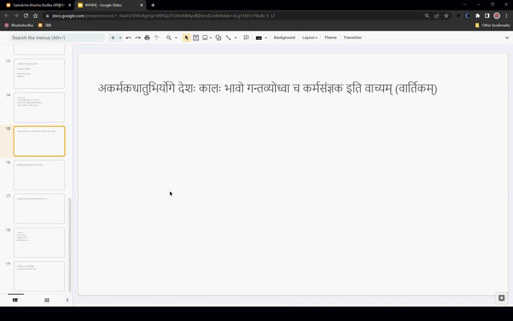Pullinga and Napumsaka lingam. Of course, practice. These are constant. When we do practice, when we use prathama, this has to be observed, isn't it, sir?